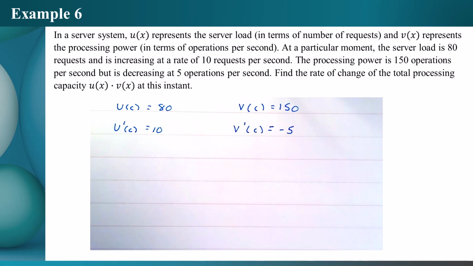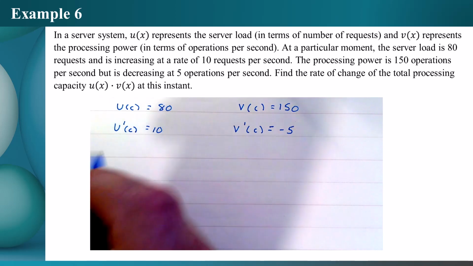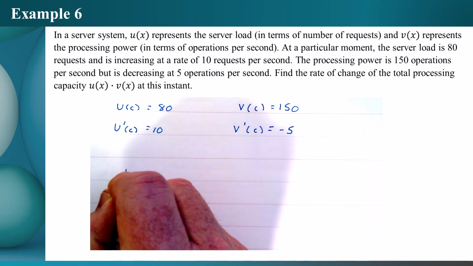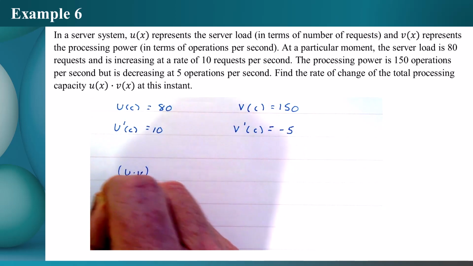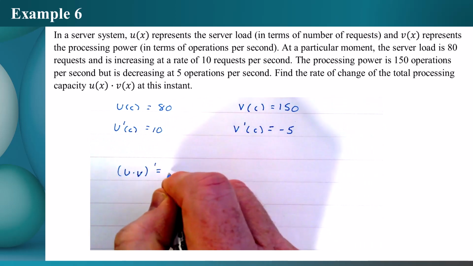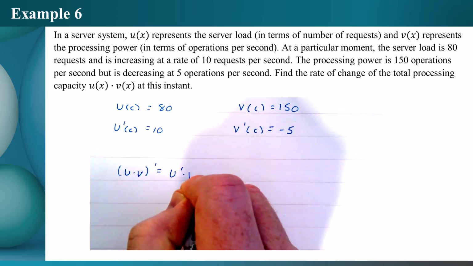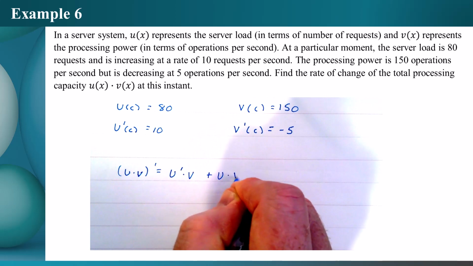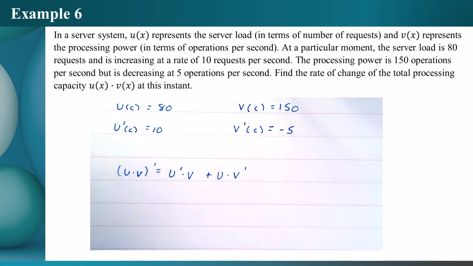So we want to find the rate of change of the total processing capacity, U of x times V of x, at this moment. Well, U times V prime, we know that this is U prime times V plus U times V prime by the product rule.